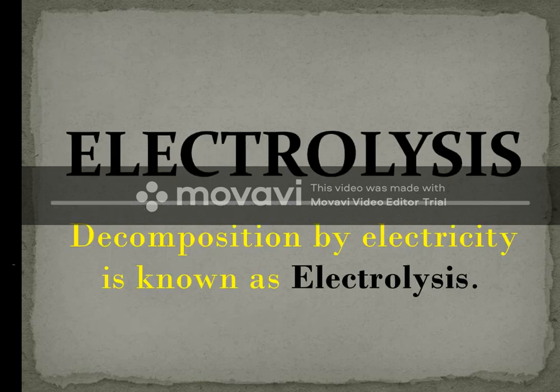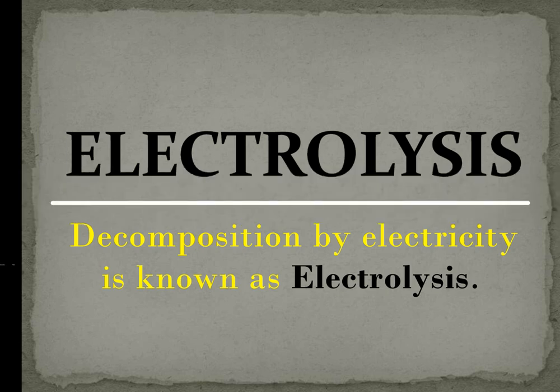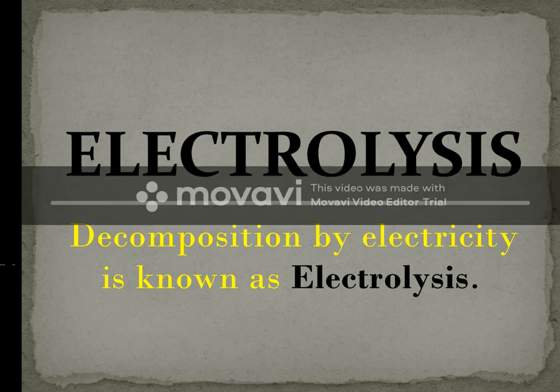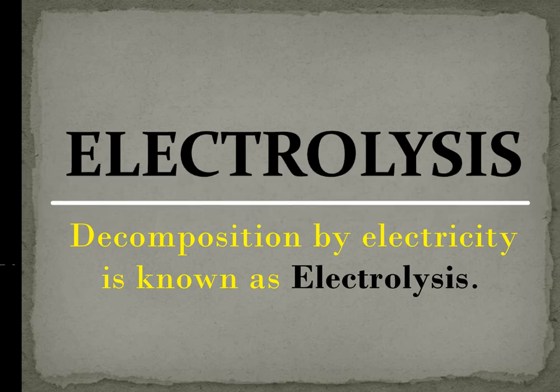So, class, electrolysis consists of two key words, electro and lysis. Electro means electrons and lysis means breakdown. So, breakdown of any compound by the passage of electricity is called electrolysis. It means the breakdown or decomposition of any compound in the molten state or in the ionic, aqueous state in the presence of electricity.